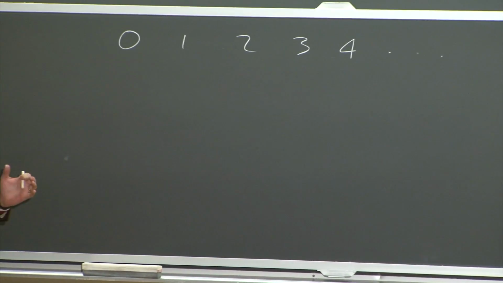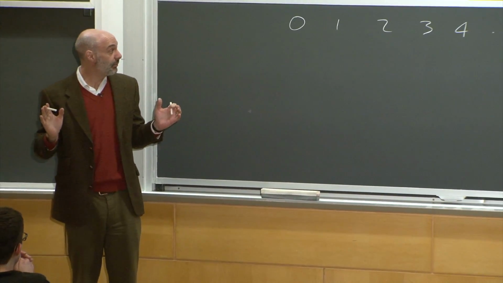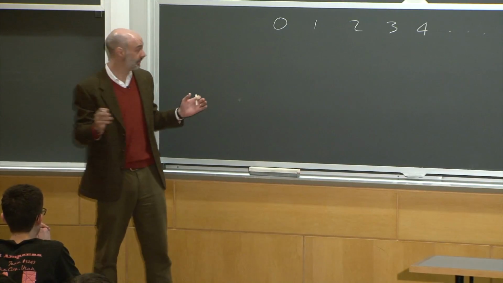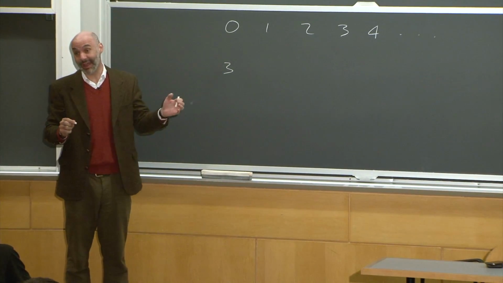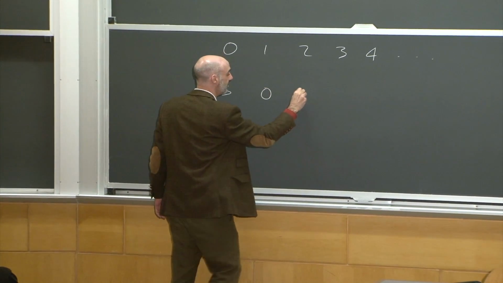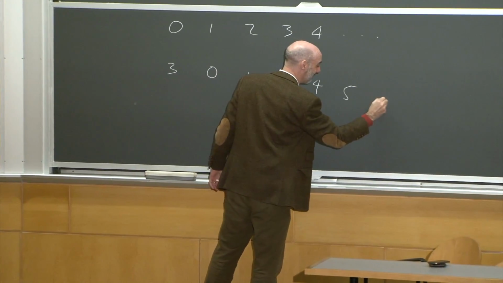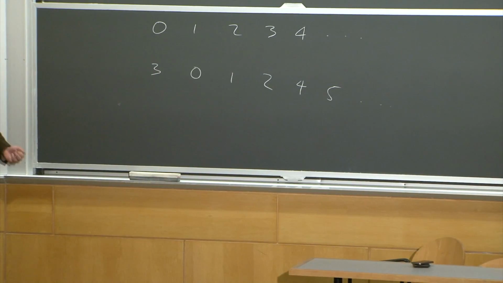And now consider this weird ordering where you say the smallest number is not going to be 0. It's going to be 3. That's the smallest. And then after that, things are just as usual. So after 3 comes 0, and then 1, and then 2, and then 4, and then 5, and we just keep going. So, a different way of ordering that same set.